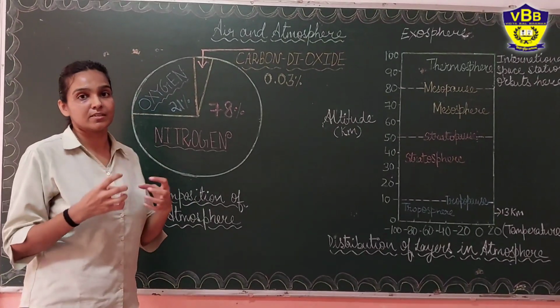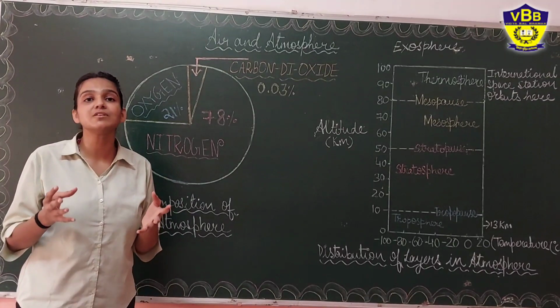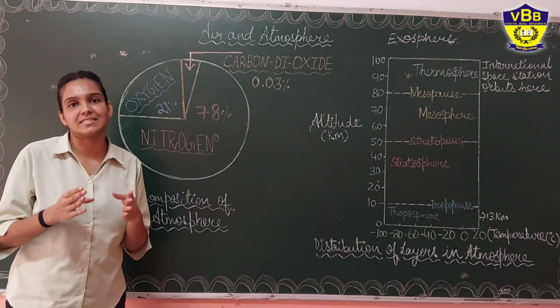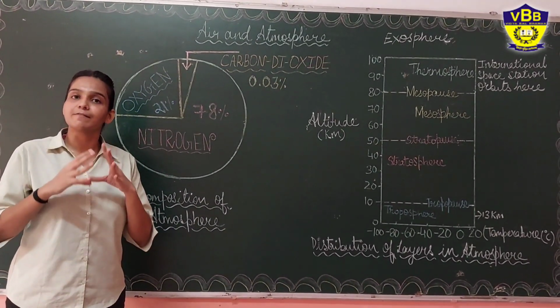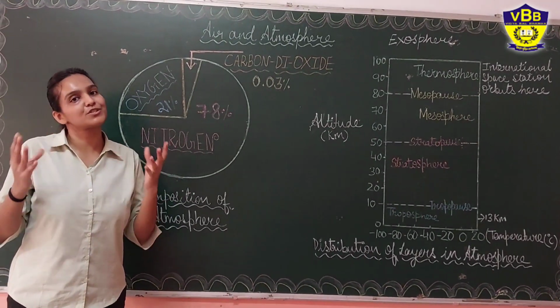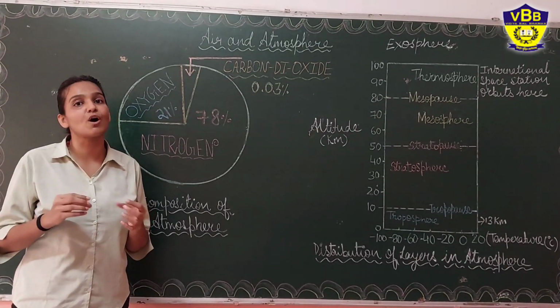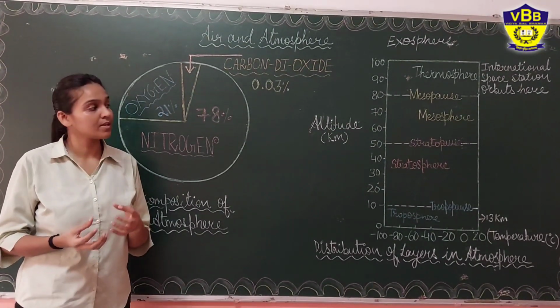Now, don't you think that plants are the most important source of oxygen? So, we should avoid cutting of plants. Because if we cut plants a lot, it will create mass destruction on our planet as well as it will disturb the balance of oxygen.